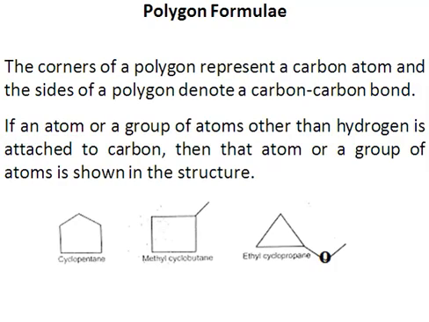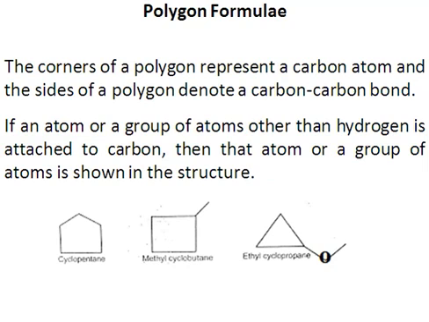Whenever there is a terminal carbon in a line formula, that always indicates a methyl group. So we don't show hydrogens and methyls in a bond-line formula, but if a heteroatom is present, the heteroatom is shown, and if hydrogen is attached to the heteroatom, the hydrogen is also shown here. Then we saw the polygon formulas. Polygon formulas are just like bond-line formulas.